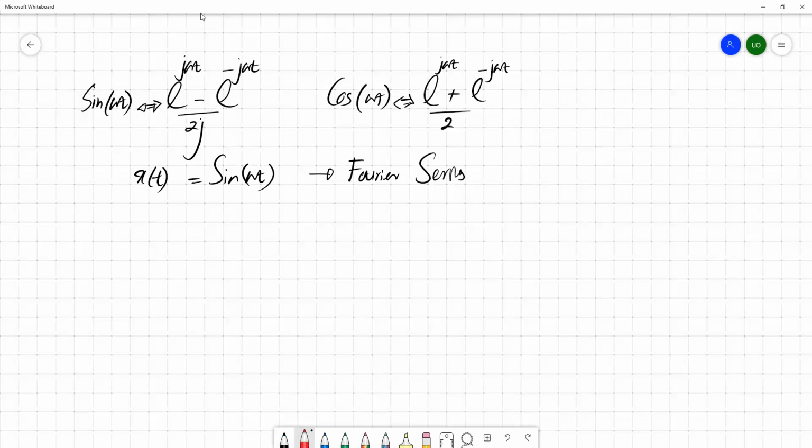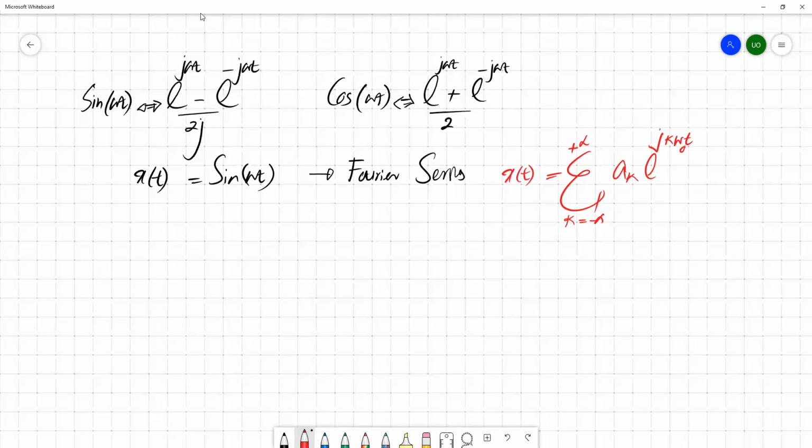If you remember the basic definition of the Fourier series, x(t) equals the sum from k equals minus infinity to plus infinity of a_k e to the power jk omega t.